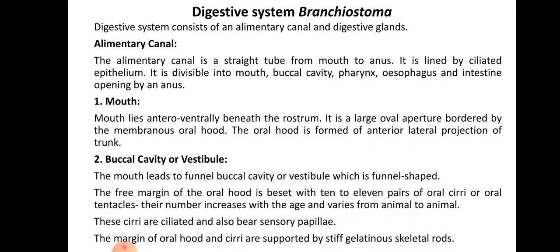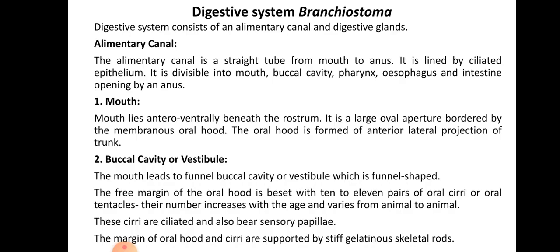Now coming to the main content, the digestive system, as I said, we will learn under two headings. One is the alimentary canal and the associated digestive glands. The alimentary canal in case of amphioxus is a straight tube and it is a complete digestive system.